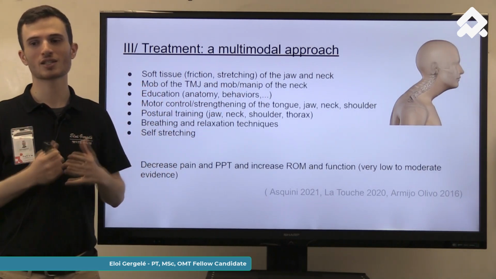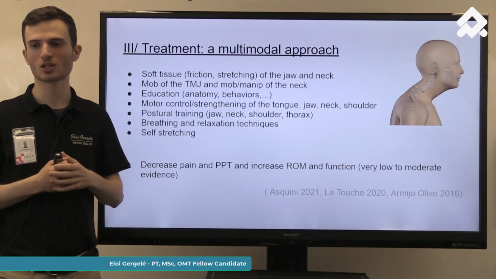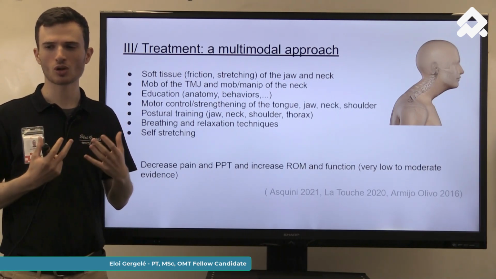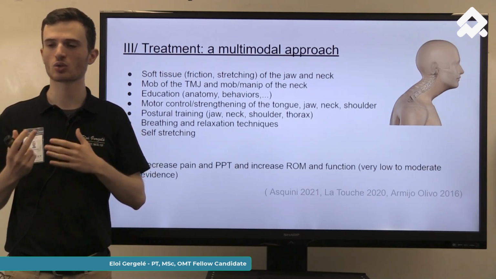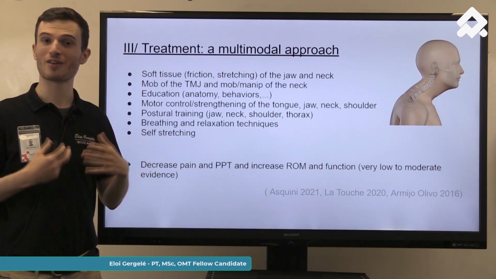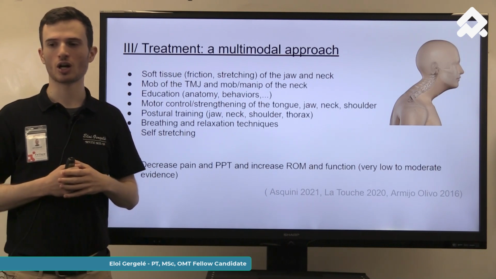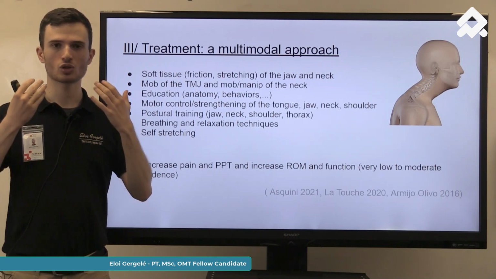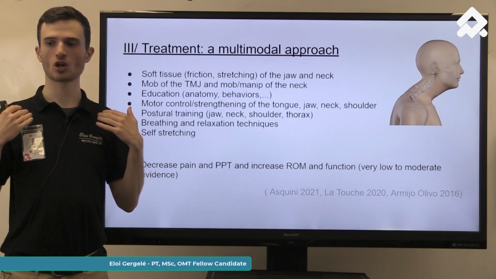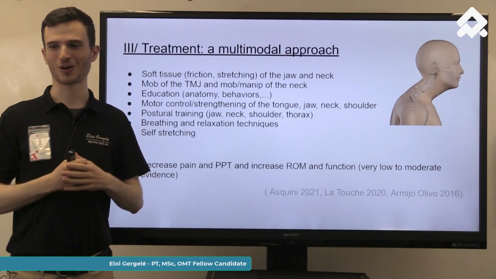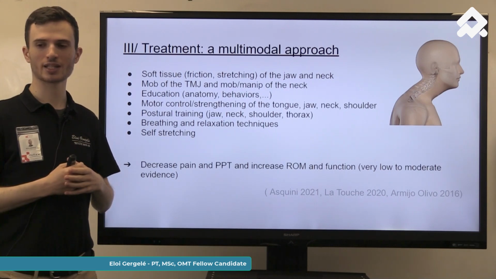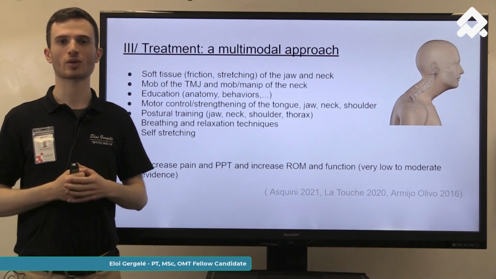We have evidence for education of the patient on motor control, strengthening of the tongue, the jaw, the neck and shoulder. We have also evidence on postural training for the jaw, but also for the neck, shoulder and thorax. We have evidence for breathing and relaxation techniques and for self-stretching.